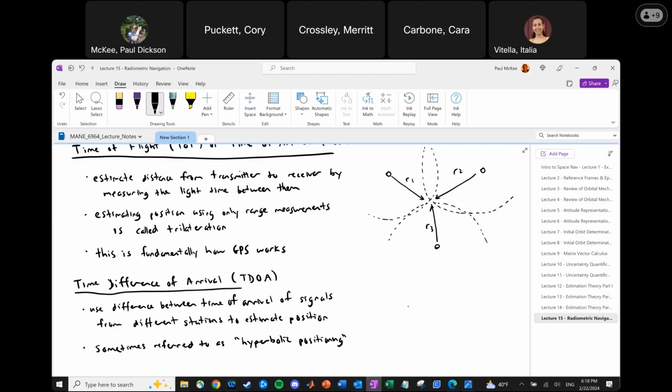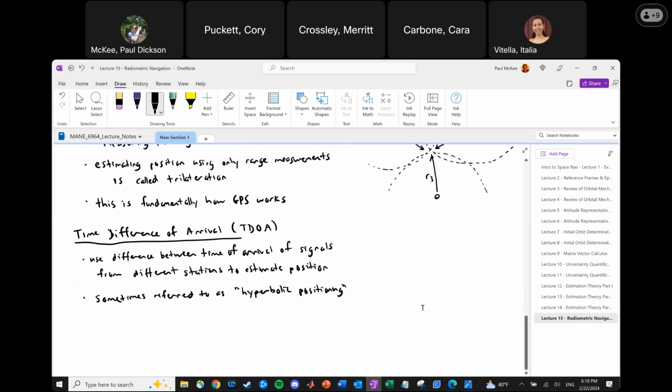The idea there is that pairs of stations produce hyperbolic curves. That can be a little bit weird to think about. We'll draw some pictures for that.